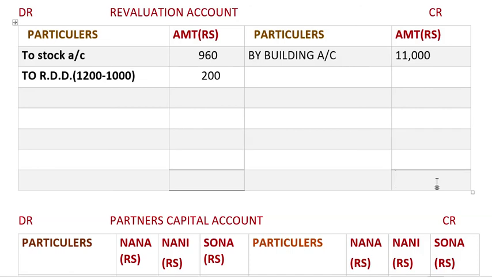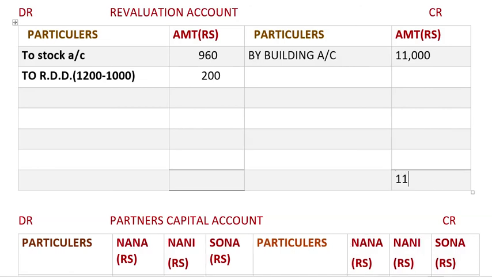Obviously this credit side is more, so 11,000 over here will be the total, and 11,000 we'll be getting here, and minus this number, so we get 9,840. Okay, 9,840 is the remaining. If we minus this 960 and 200 from 11,000, we get this, and we are going to distribute it between all the partners.